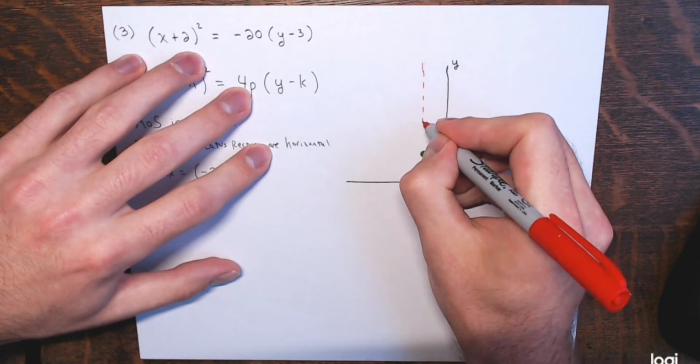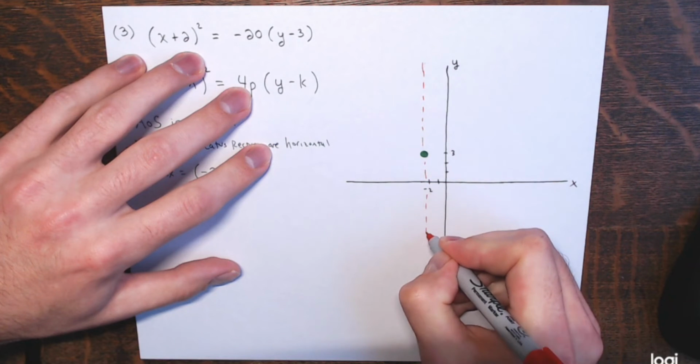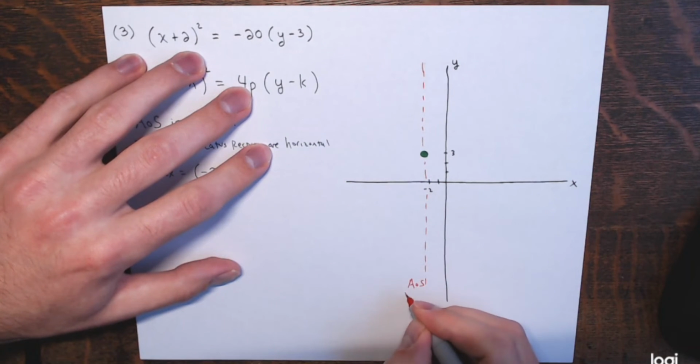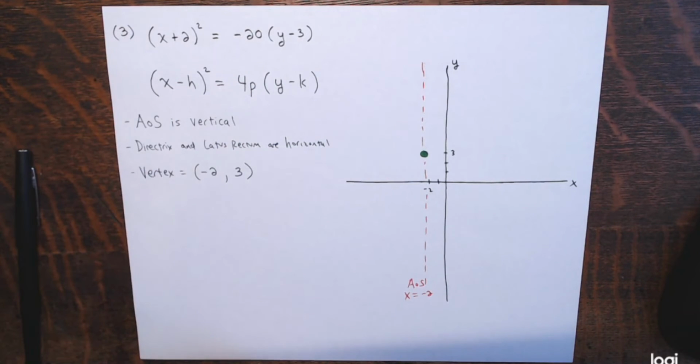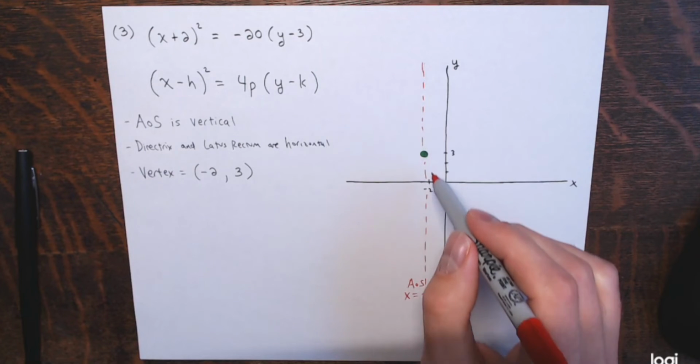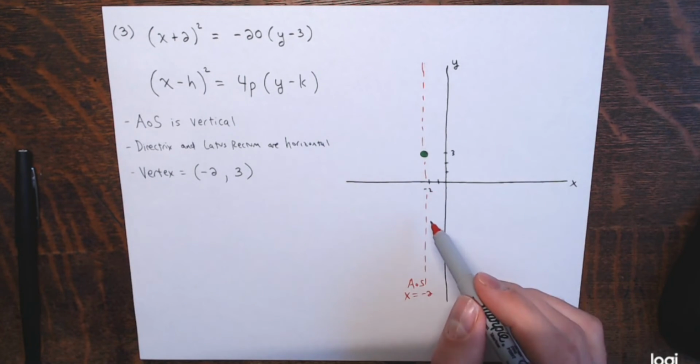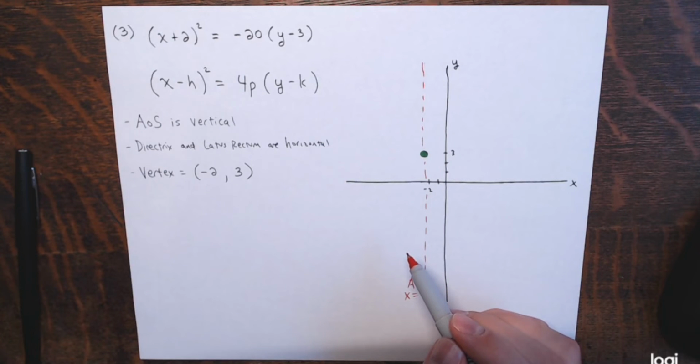So this vertical line containing the vertex would be x equals -2, right? It's just x equals the x coordinate of the vertex. All right, now the focus is going to be on this axis of symmetry, either above or below. And that's where the value of p will help us, right?